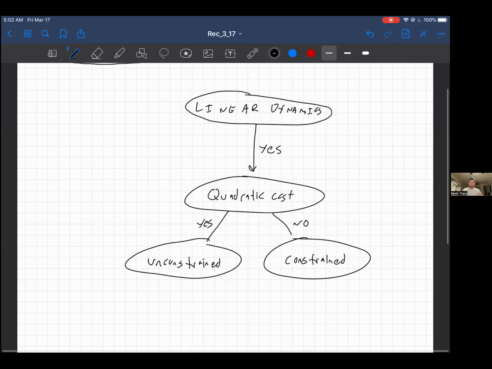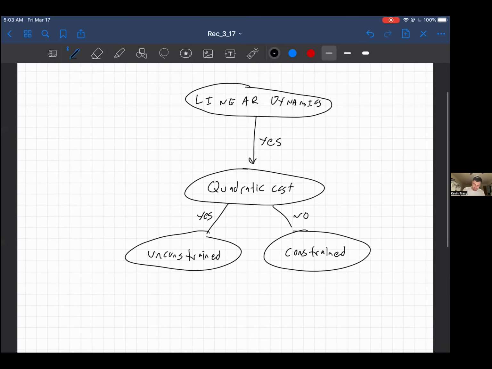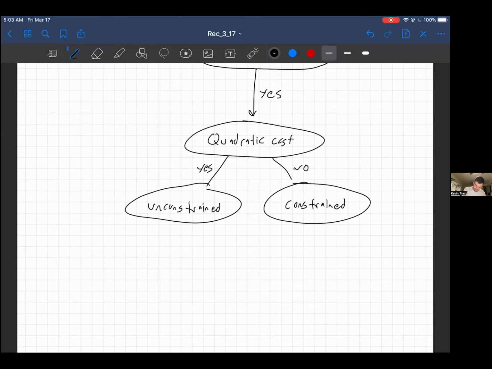If I do have a quadratic cost, and my problem is unconstrained, then I have one of two options. These are the things that we use in this case.